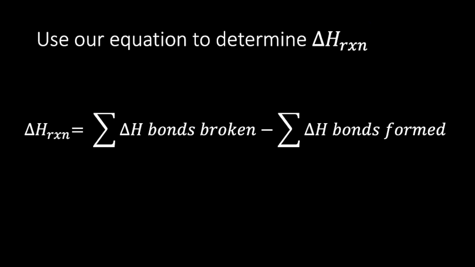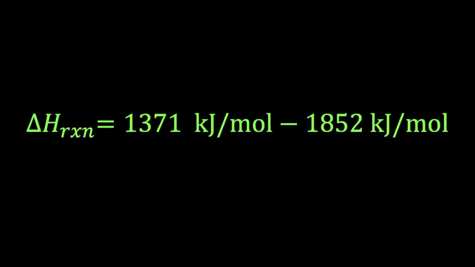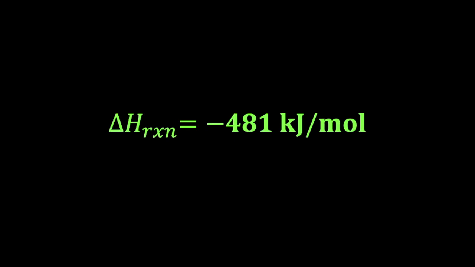Next, we're going to use the equation to solve. So our heat of reaction is 1,371 kilojoules per mole minus 1,852 kilojoules per mole, and that gives us negative 481 kilojoules per mole.